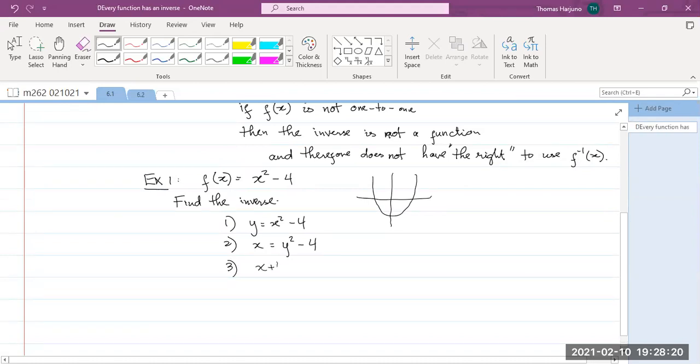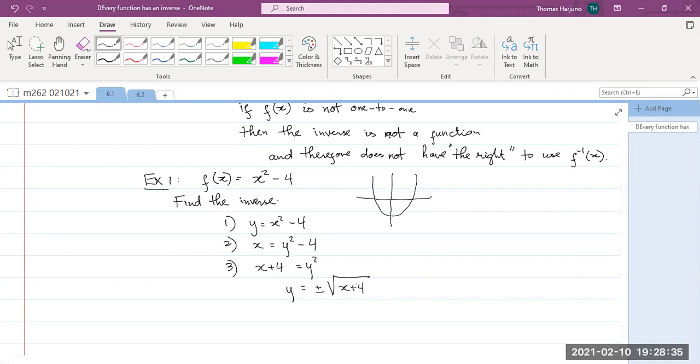x plus 4 equals y squared, so y equals plus or minus the square root of x plus 4. You see that for most x's, you will have two different y's. Therefore, we have no right to use functional notation for that.